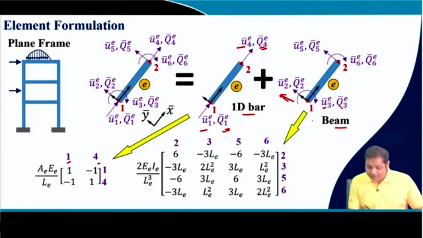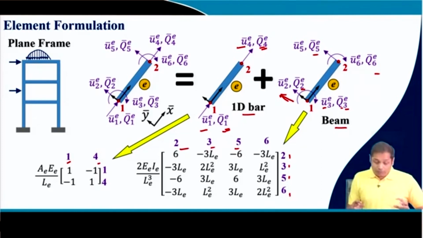And this is the stiffness matrix for the beam element. The corresponding degrees of freedom are U2, U3, U5 and U6.